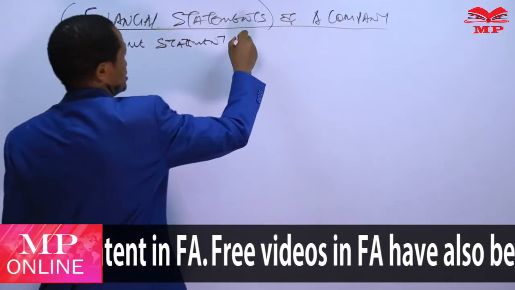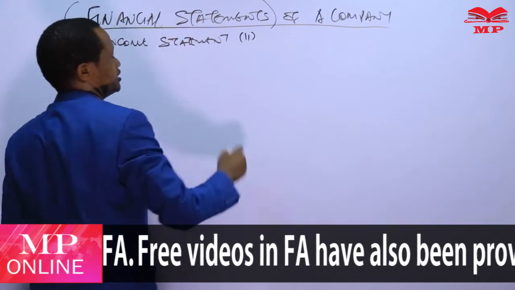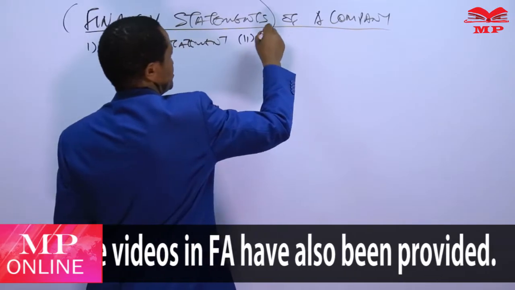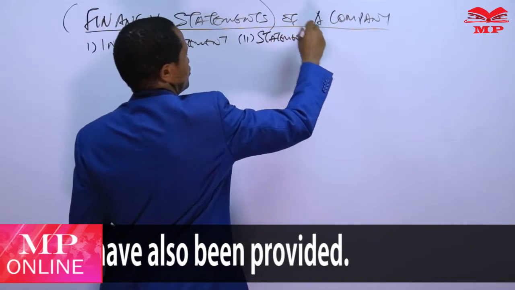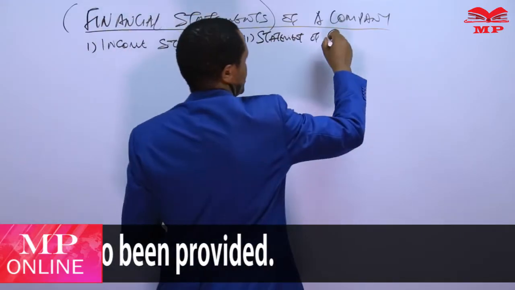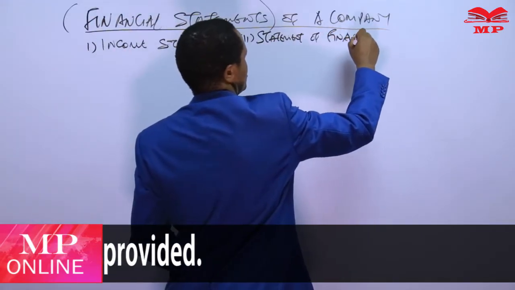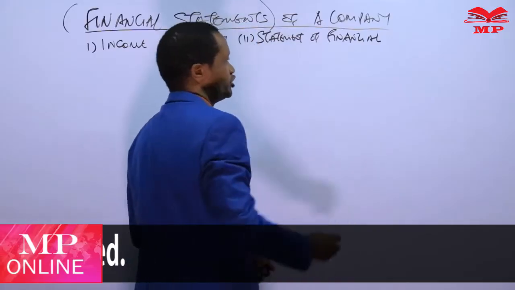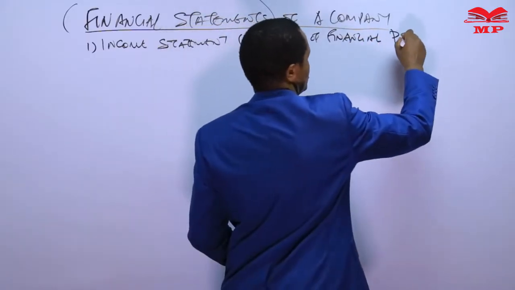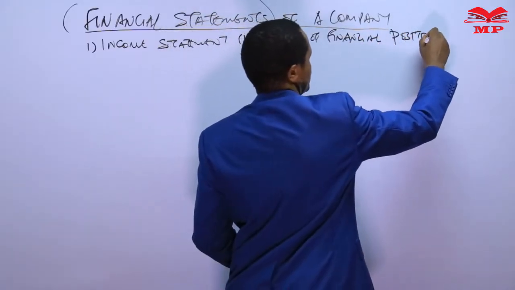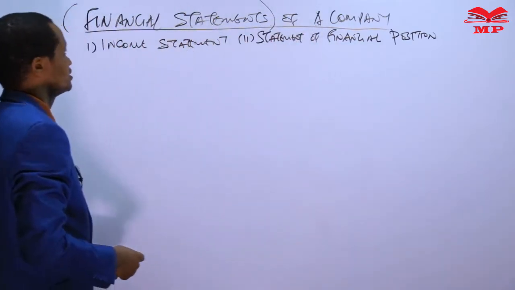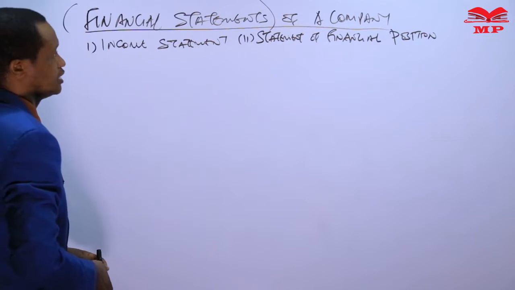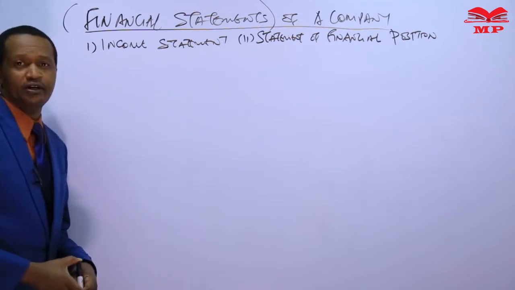The second one is the statement of financial position. These are the main statements that a company is expected to prepare.